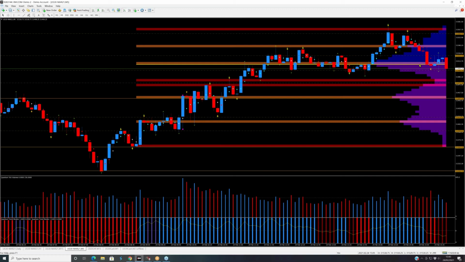We've still got another 45 minutes before the physical open. What are we waiting for here? We're waiting for potentially a break from the volume point of control. And by looking at the histogram that is produced by the volume point of control, what we see here is like a bell curve, if you like, where you have these narrow areas. These are called low volume nodes.